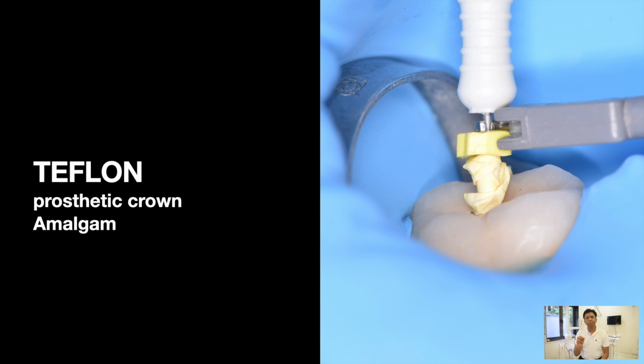And if the file touches the amalgam or the prosthetic crown, then there is going to be completion of the circuit and the apex locator is going to give you a beyond apex reading. So a simple hack that you can use is, on the area of the file where there are no flutes, you can simply coat it with Teflon to avoid any conduction between the file and the prosthetic crown or the amalgam, and then take the working length reading.